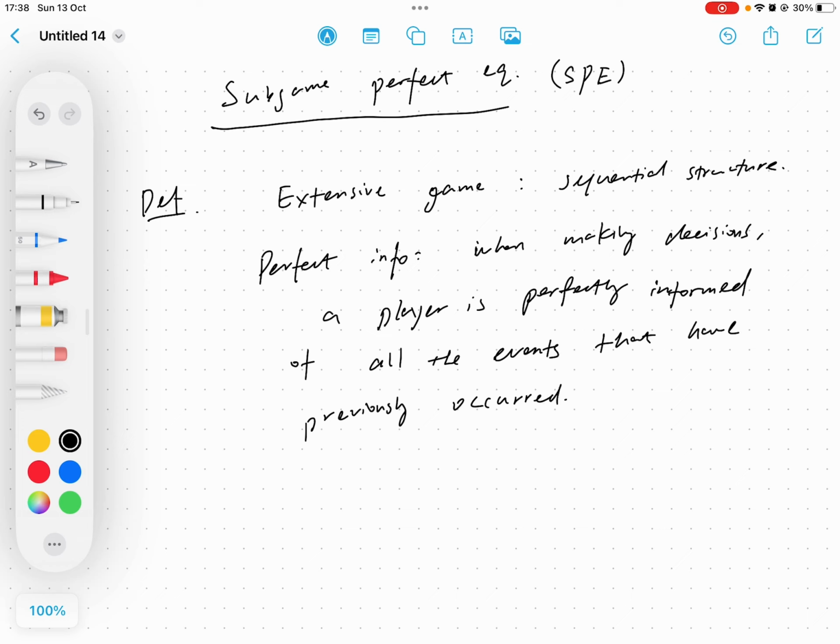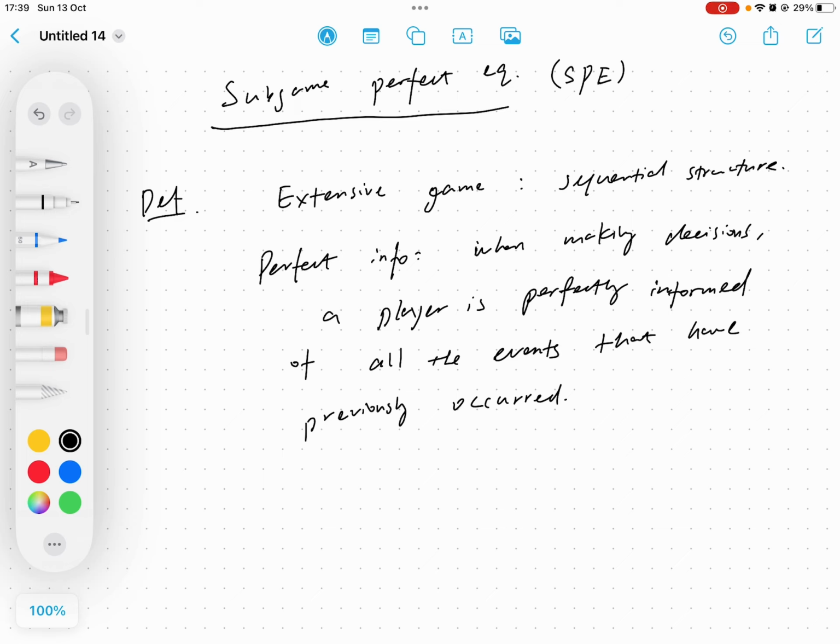Later, in maybe two sections next, we'll introduce imperfect information, where players do not know some of the previous histories and events, right?